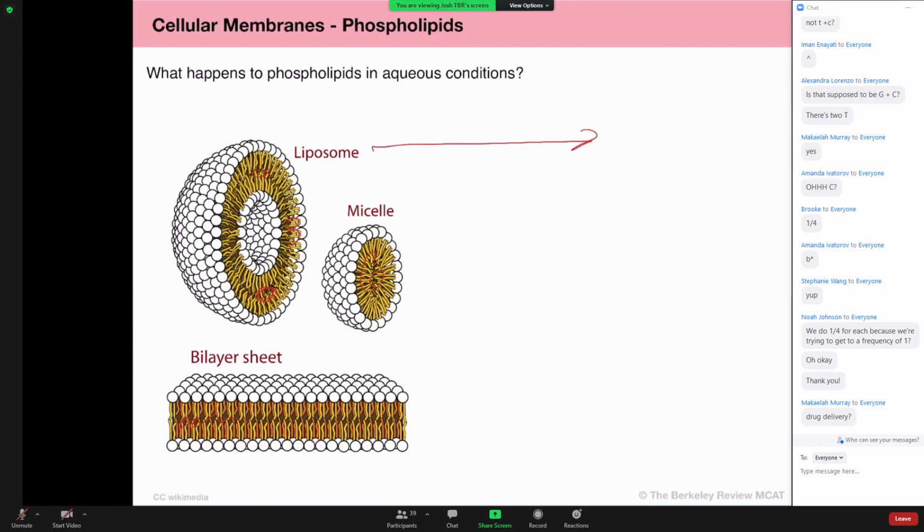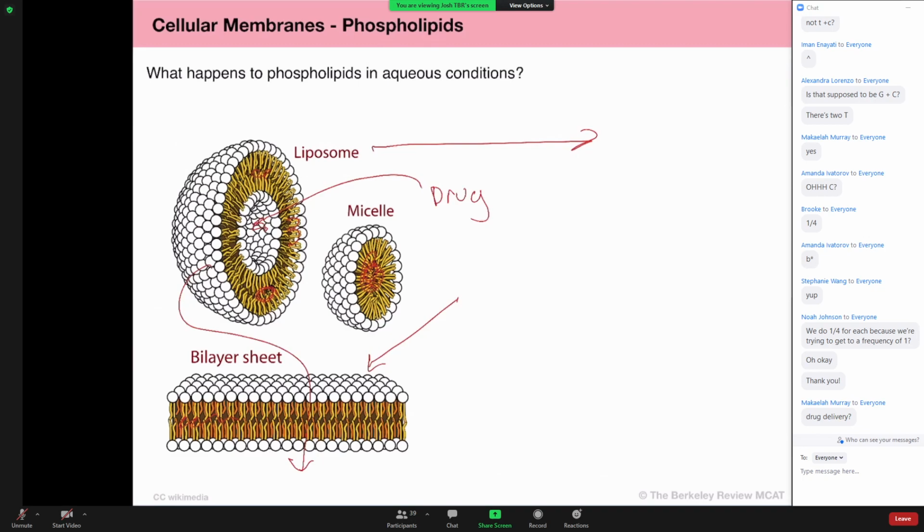So you have a drug that's really hard to get past the cell membrane. What you can do is package the drug into a liposome and get it to bind to the membrane and get that charged molecule into the cell for drug delivery.